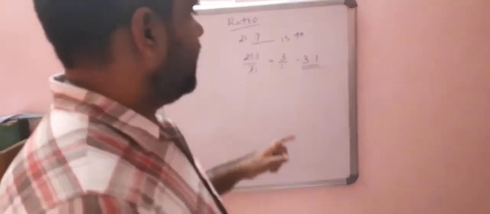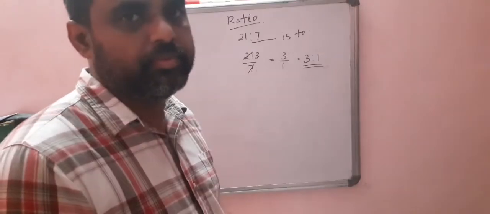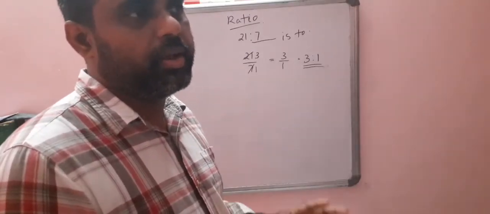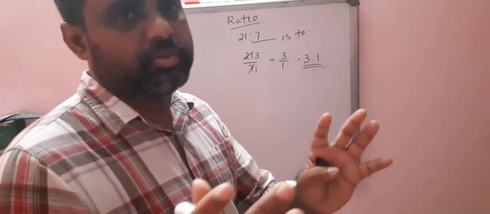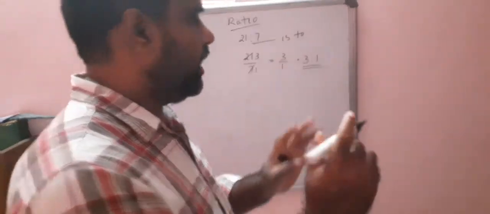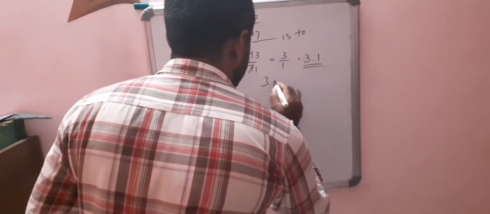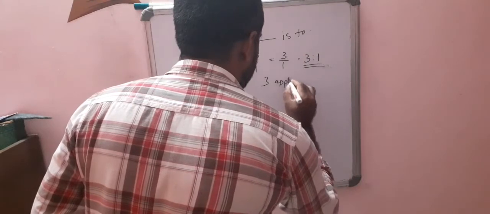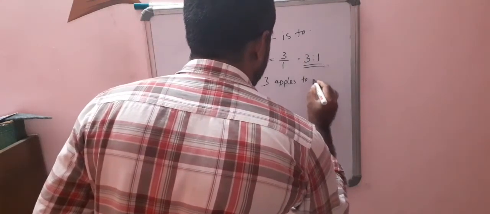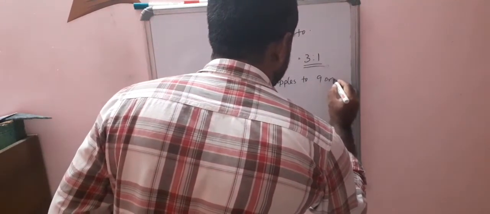Okay. Another thing to understand here is that when you compare two quantities, they should be of the same kind. You can compare a quantity of fruits, maybe 3 apples, to 9 oranges.